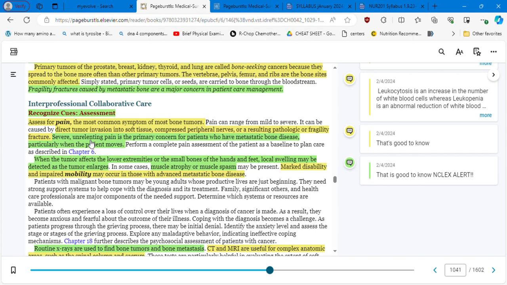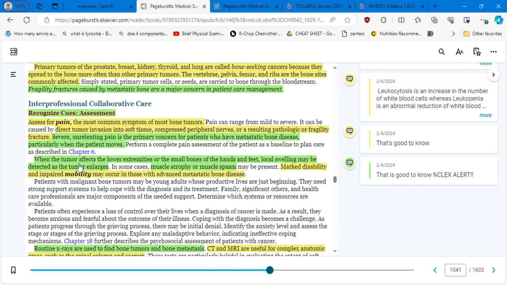Severe unrelenting pain is the primary concern for patients who have metastatic bone disease, particularly when the patient moves. And these patients that are having metastasis, they are receiving palliative care, and a lot of opioids and medication for pain, and probably they are most of the time sedated, right?